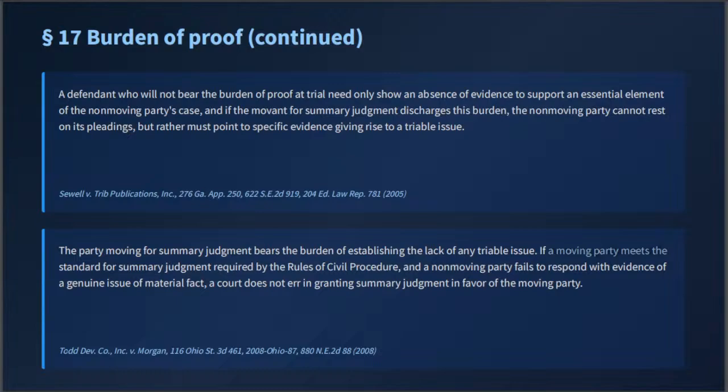If a moving party meets the standard for summary judgment required by the rules of civil procedure, and a non-moving party fails to respond with evidence of a genuine issue of material fact, the court does not err in granting summary judgment in favor of the moving party. So, the non-moving party needs to respond with evidence of a genuine issue of material fact. That defeats the summary judgment motion.